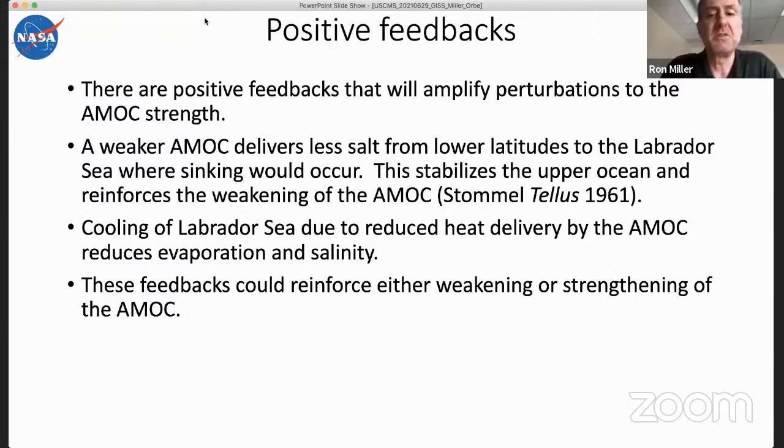The reduced heat delivery into the Labrador Sea by the AMOC, if you have a weakening, will cause cooling, which will reduce evaporation and salinity. And this is basically the Warren idea as to why we don't see deep convection in the high latitude Pacific Ocean. Just to point out, these feedbacks work in both directions. They will reinforce either a weakening or a strengthening of the AMOC.